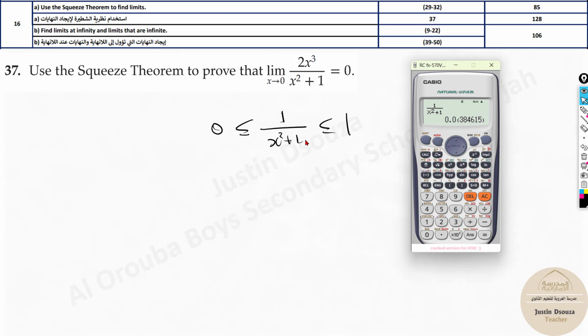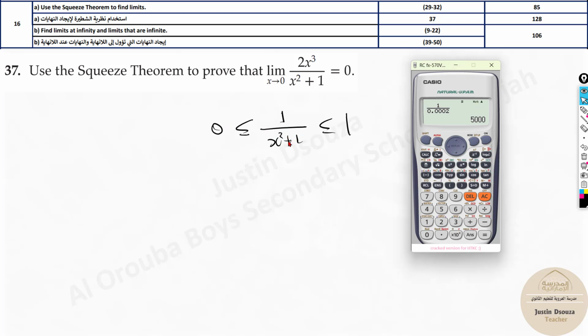And since it's 1 divided by this, doesn't matter how big this number is, the result gets smaller. When you divide any number by a big number, the answer is very small. The same way, if you divide 1 by a very small number, it gets a big number, right? But here, what is happening?